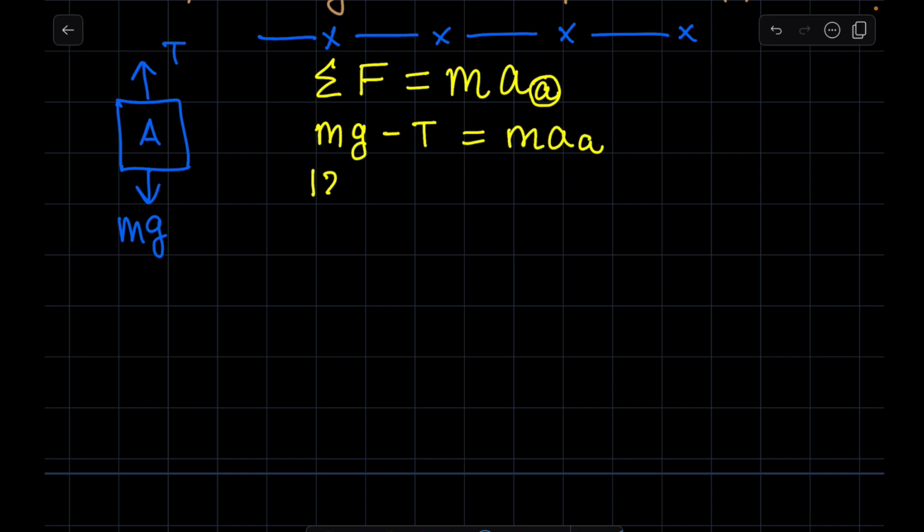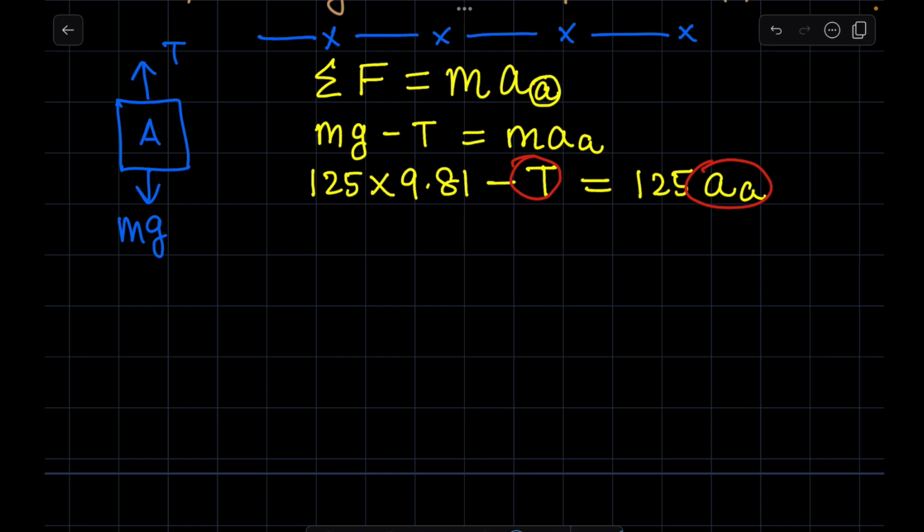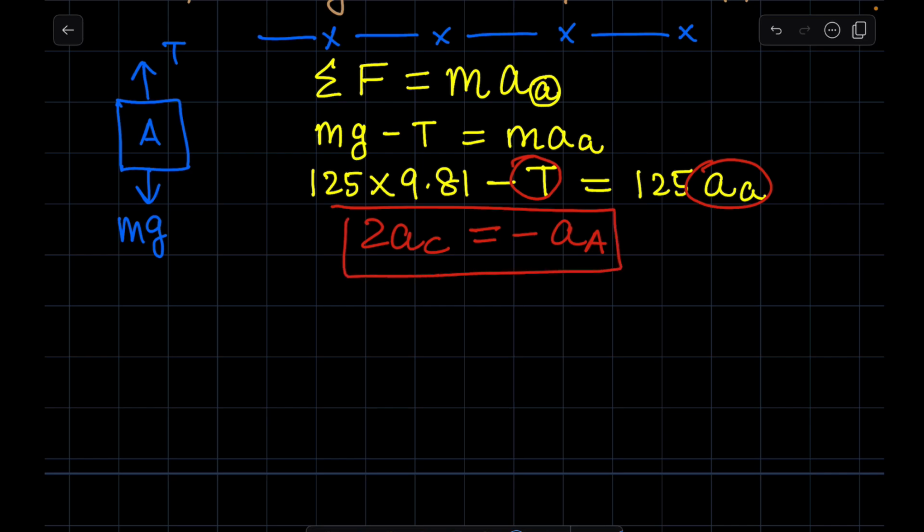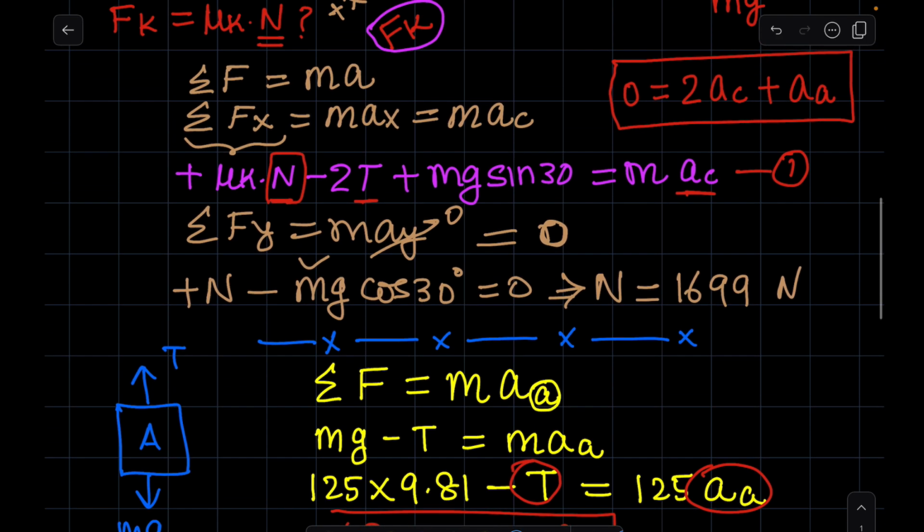Now put in the values: 125 kilogram multiplied by 9.81 minus T equals 125 times a. In this equation there are two unknowns. We can utilize the formula we already made from the constraint motion, AC equal to minus a over 2, to replace the acceleration of C. You can see we already mentioned this previously.